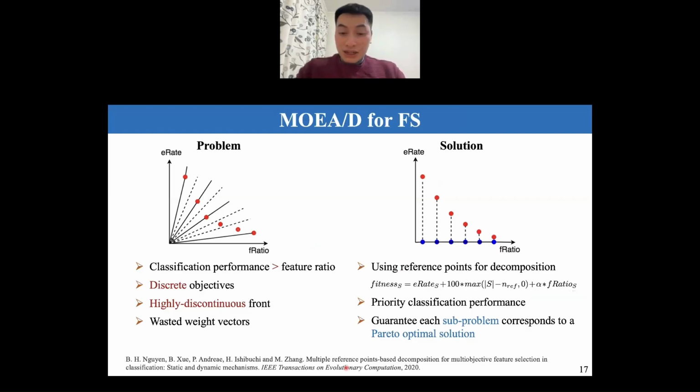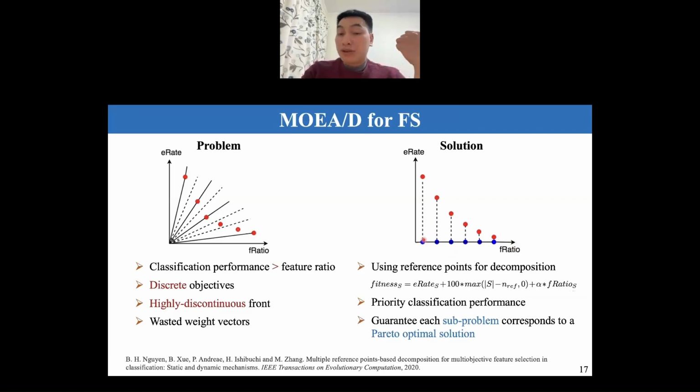So in this work done by us in 2020, what we do is, instead of using weight vectors to decompose a problem, we are using what we call reference points to decompose a problem. Okay, so each reference point here corresponds to one feature ratio, and it is an ideal point because you can see here it is lying on the feature ratio axis, which means that this point has zero error rate, which is ideal.